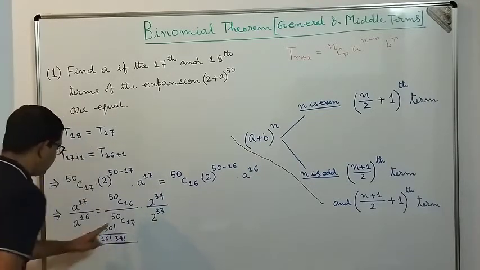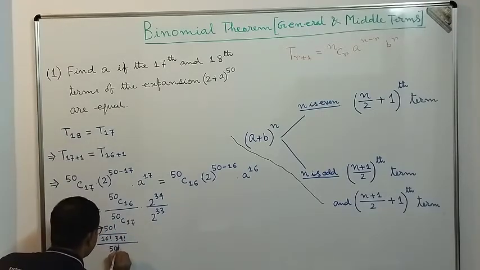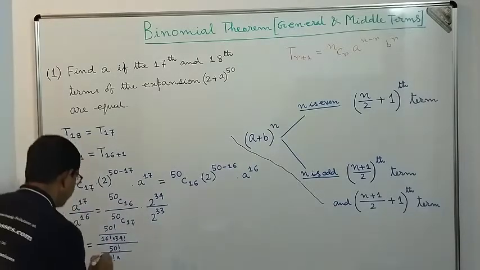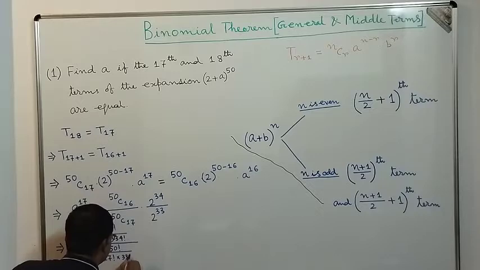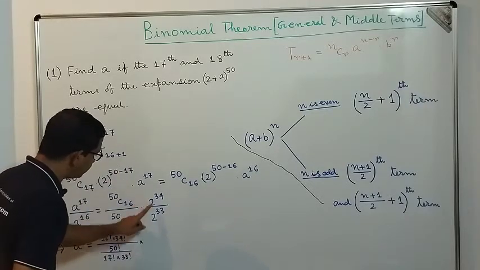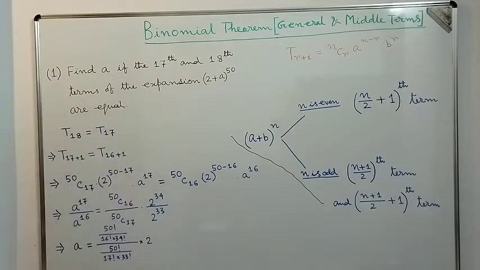Correct? Now 50C17 is equal to 50 factorial divided by 17 factorial into (50-17) factorial, that is 33 factorial. So that is equal to 33 factorial into 2^34 by 2^33, that is 2. Correct, dear students?